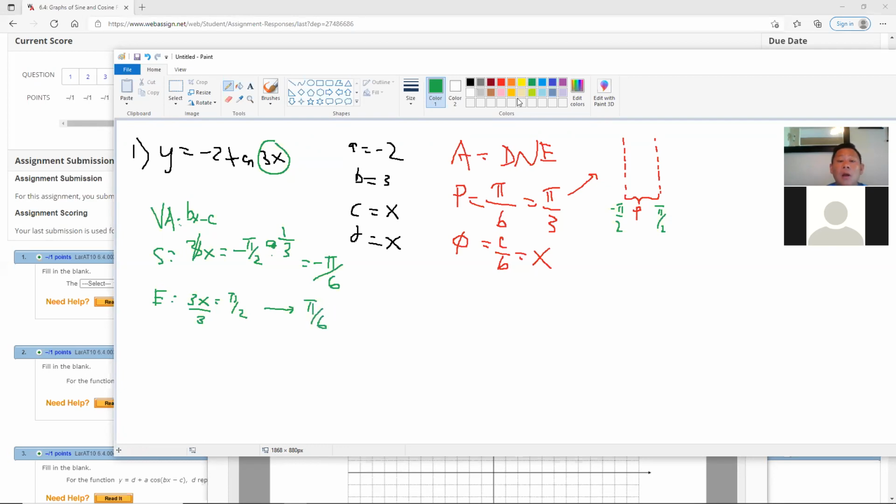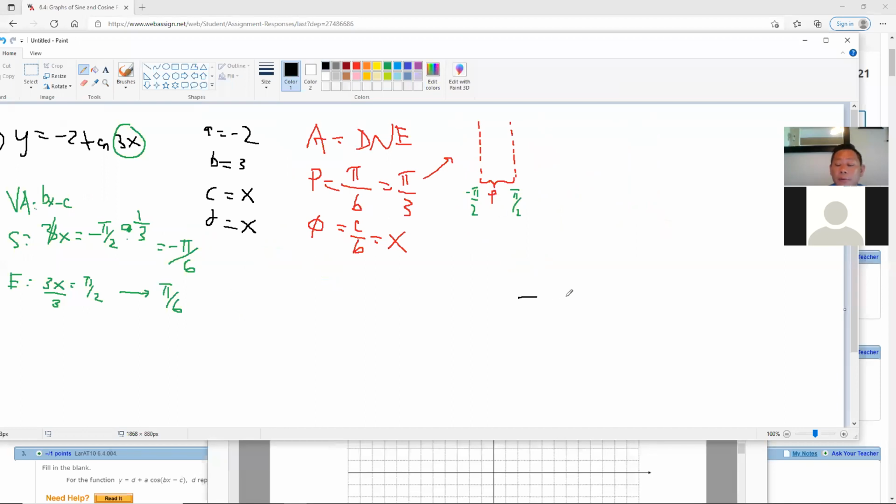So if I draw your graph here, your vertical asymptote will start at negative pi over 6 and end at pi over 6. And that is a vertical asymptote.